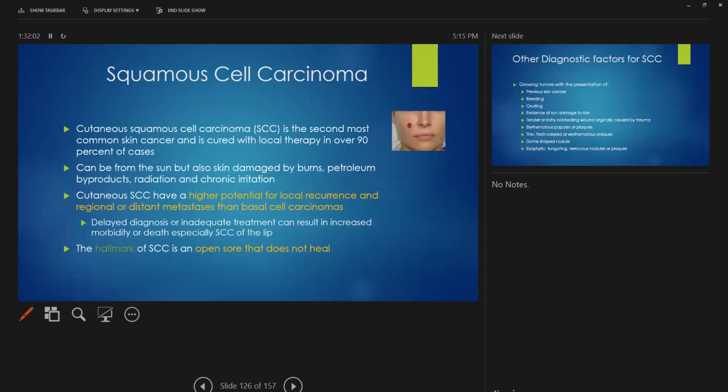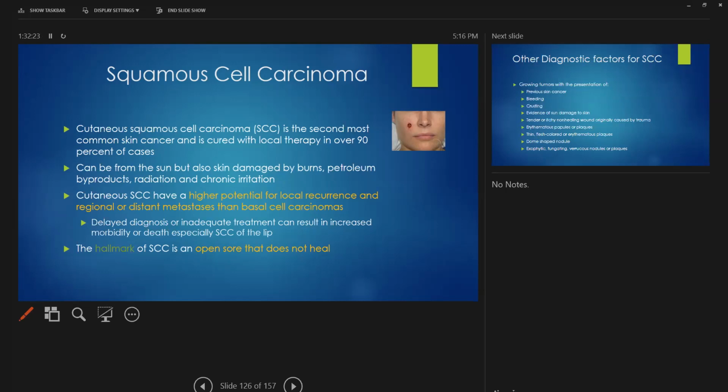Okay, squamous cell carcinoma. So squamous cell carcinoma is basically this lesion that you have that does not heal. So it's like an ulceration that never heals, an open sore that never heals. So you can see this just looks like a sore, like somebody burned her with a cigar, but this just never heals.